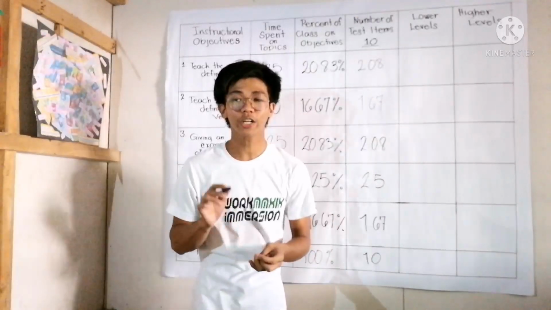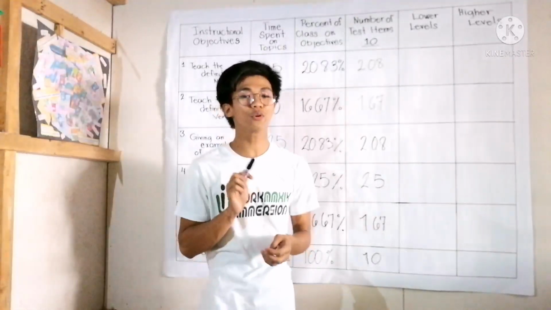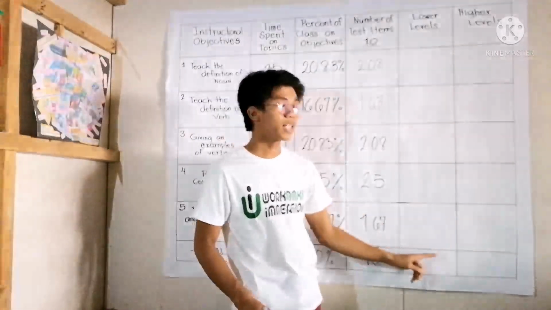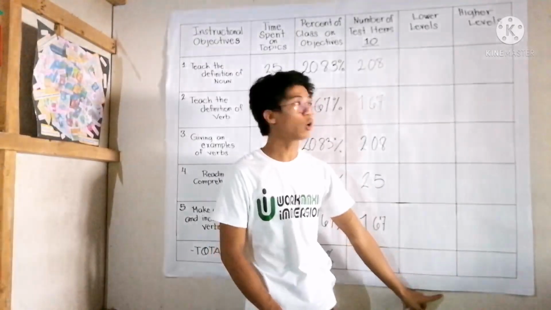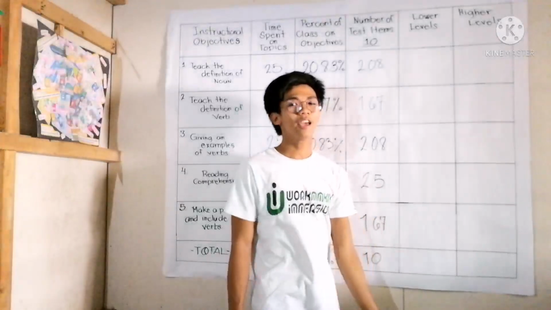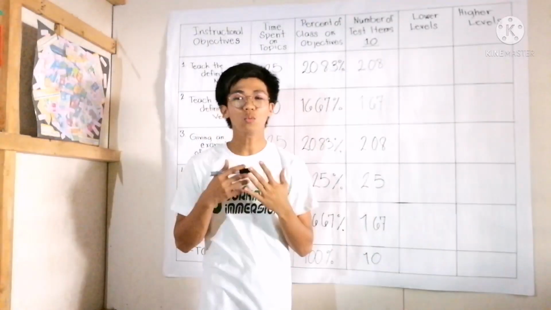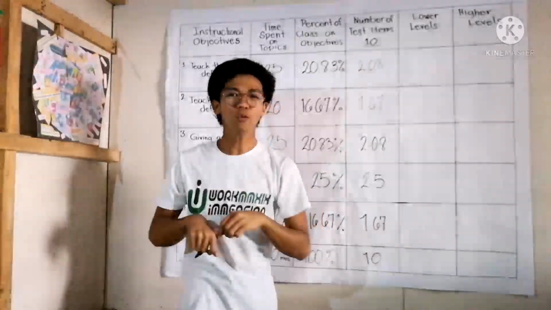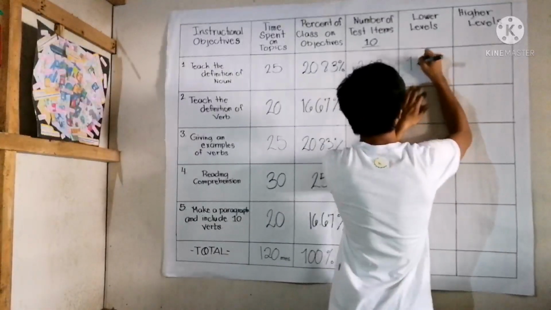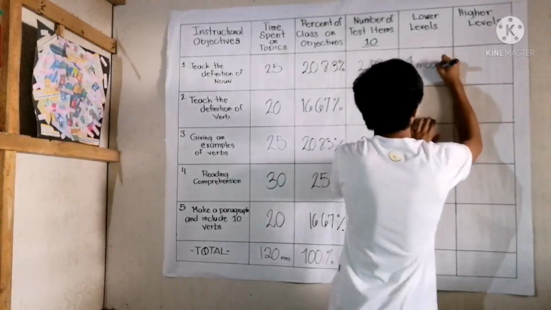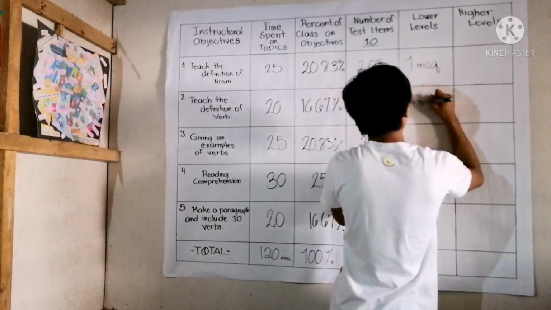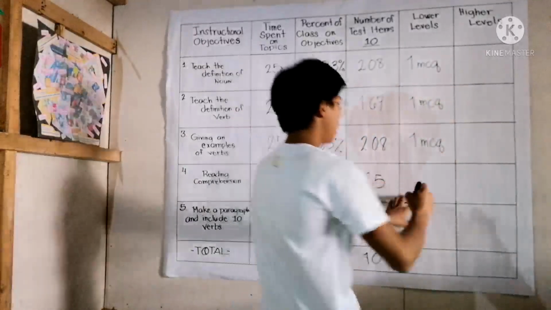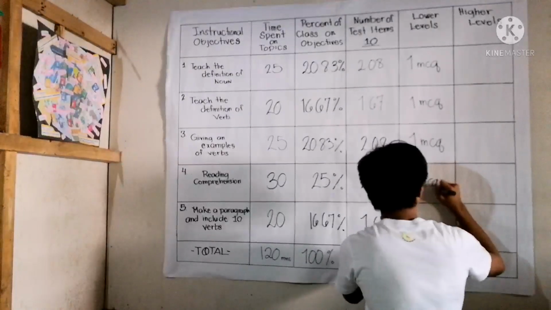You as a teacher can decide what you put here in the lower level. The sum of the lower level must be lower than the higher level. So I will decide what I will put here in the fifth column. I will put one multiple choice question, one multiple choice question, one multiple choice question, and one multiple choice question.